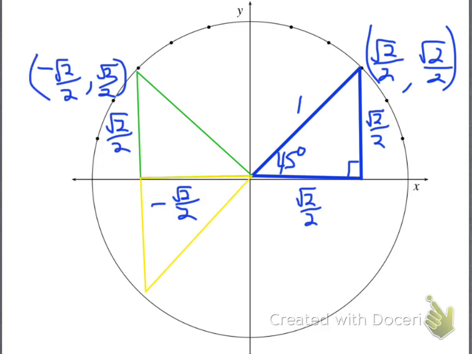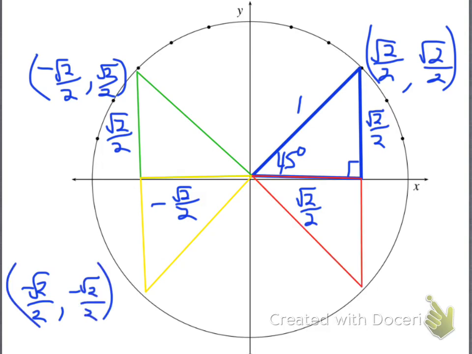For the yellow triangle, it shares the exact same x value. And now my y value is also negative, being in the third quadrant. And with the red one, it shares the x value of the blue, so it's a positive square root of 2 over 2. But now the y value is negative.